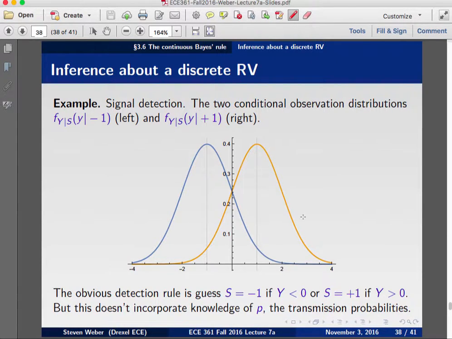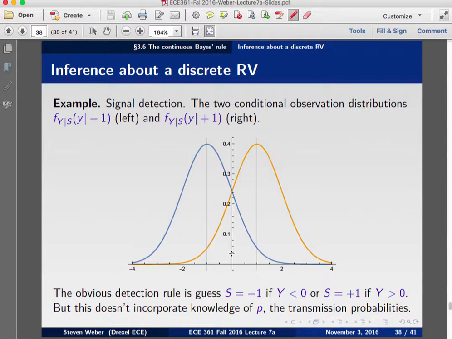The yellow curve is the distribution of Y given that s equals +1 was sent. You might think the right answer is to do what is most intuitive: look at these curves, blue and yellow, see whichever one is higher for the given value of Y, and guess that that curve was the one that was generated.